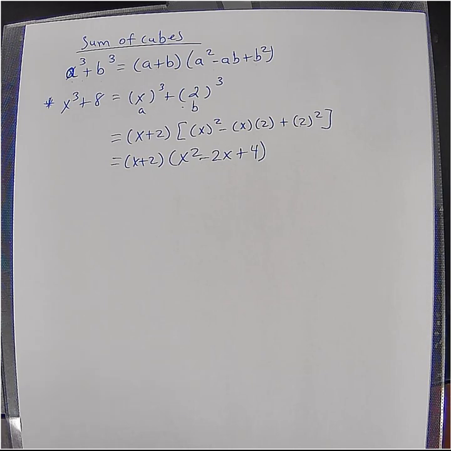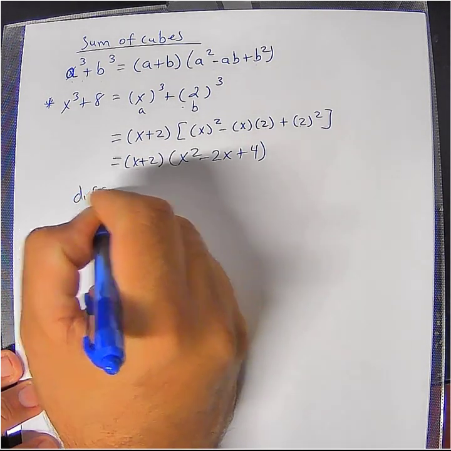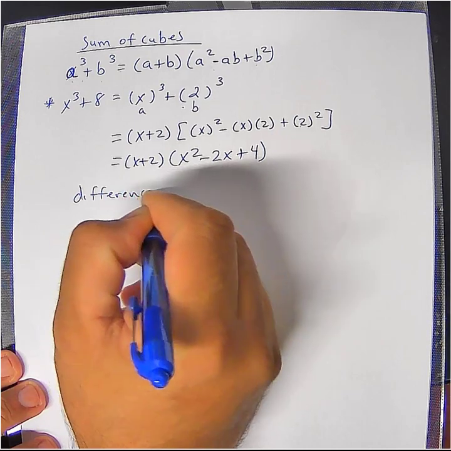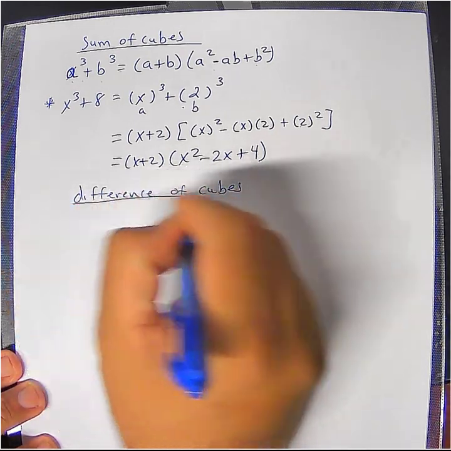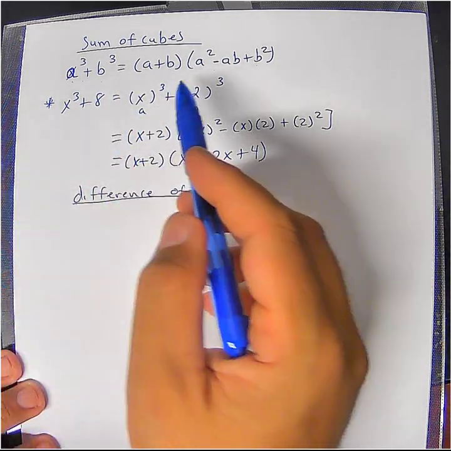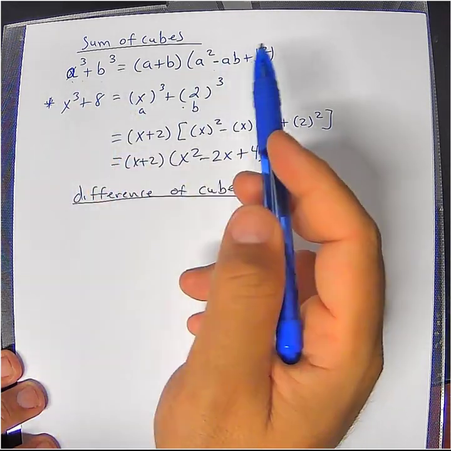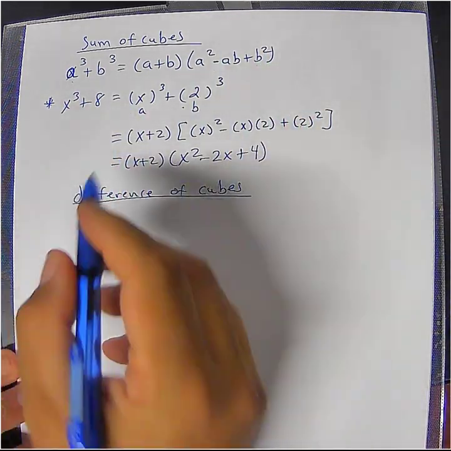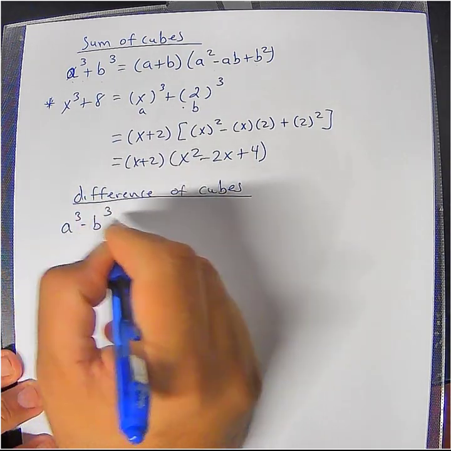Let's do the next one, which is related to this, and that is difference of cubes. Again, if I had a GCF, you take out that GCF, and then you say, whatever's left, can I rewrite it as something cubed minus something cubed? Difference of cubes is the same thing, except now it's a minus sign.